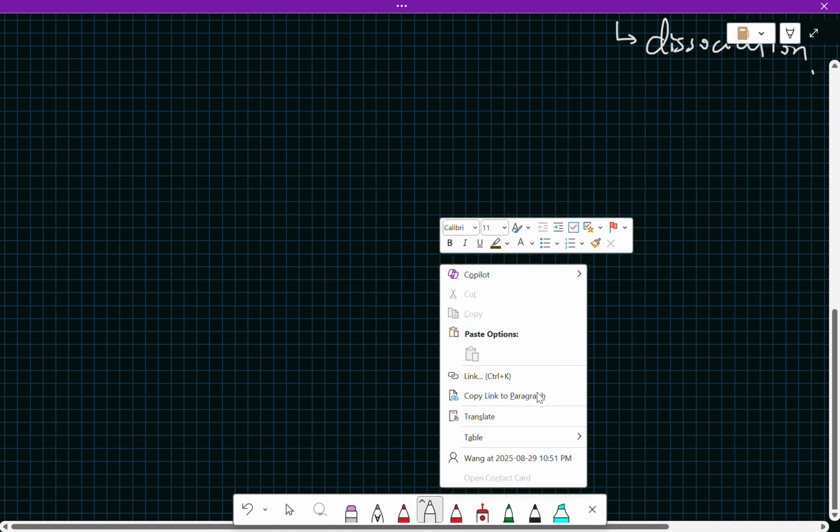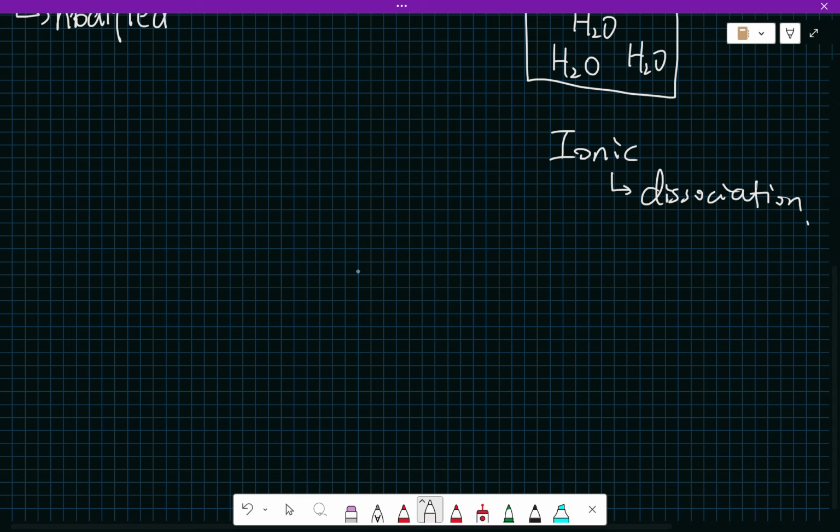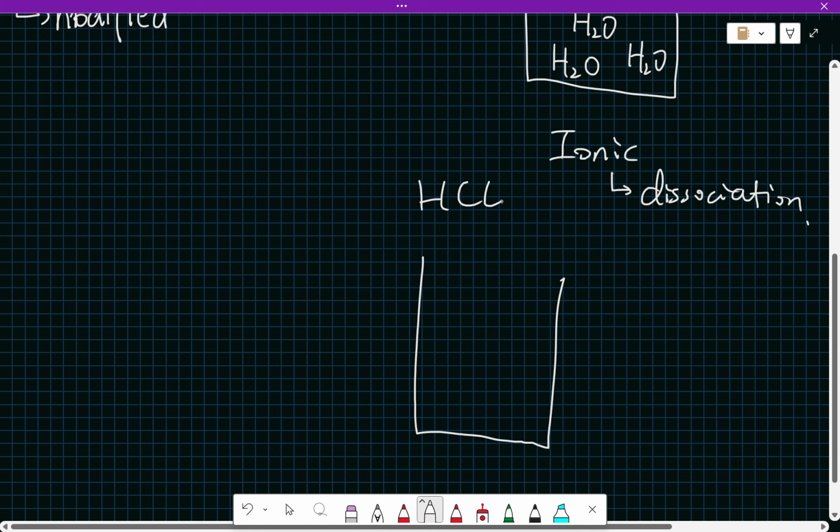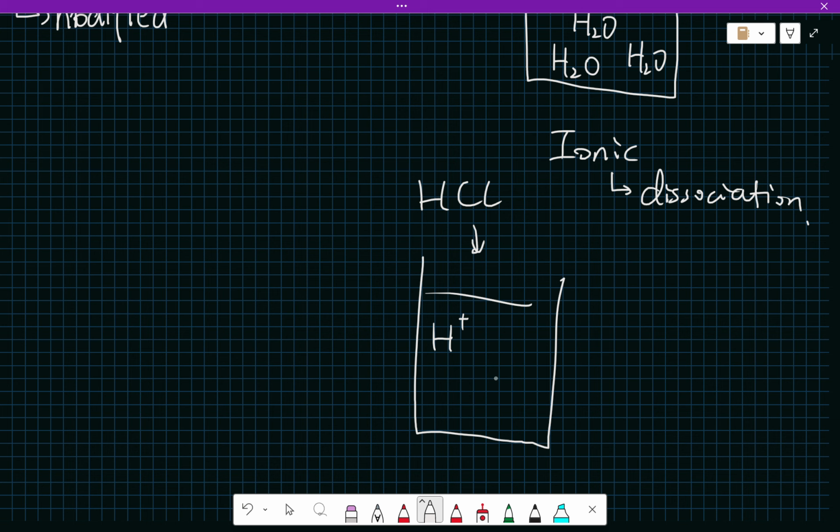And if we put in some compound that has hydrogen in it, let's say hydrogen chloride, it will be dissociated into hydrogen and chloride.